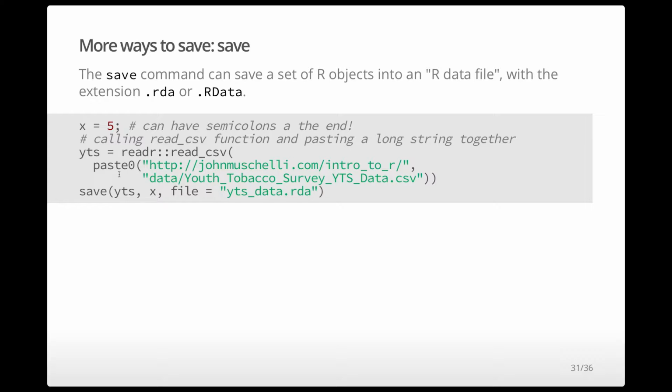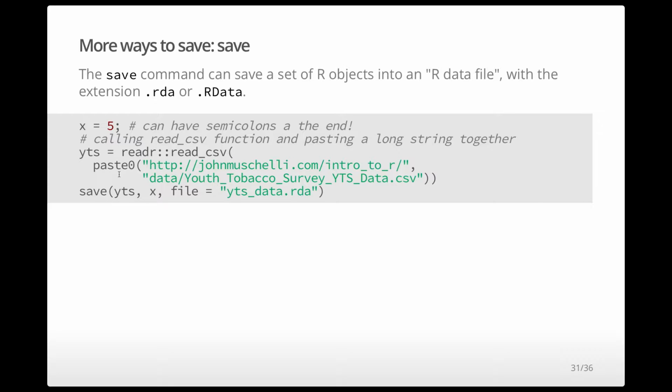Now let's say I want to save those out to disk. You say save, and you start putting the R objects. In this case yts, x, you could have put 5 to 10 other things, or just one thing, and then you say file equals the file name. So the save command saves a file called yts_data.rda.